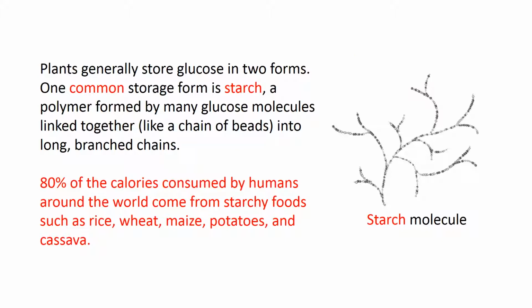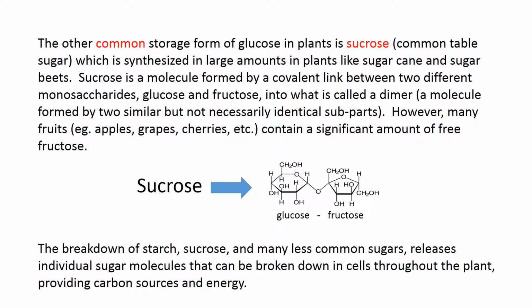The other common storage form of glucose in plants is sucrose. Sucrose is common table sugar, which is synthesized in large amounts in plants like sugarcane and sugar beets. Sucrose is a molecule formed by a covalent bond between 2 different monosaccharides, and those monosaccharides are glucose and fructose.